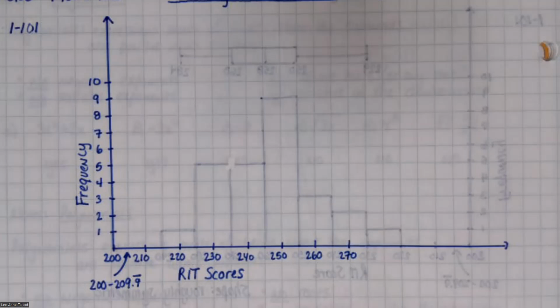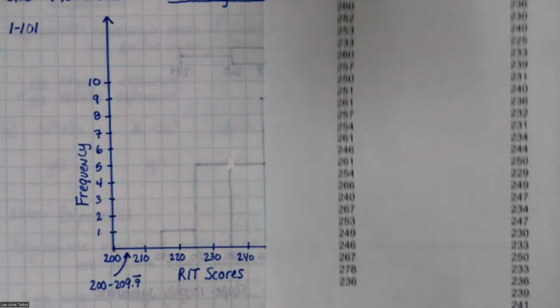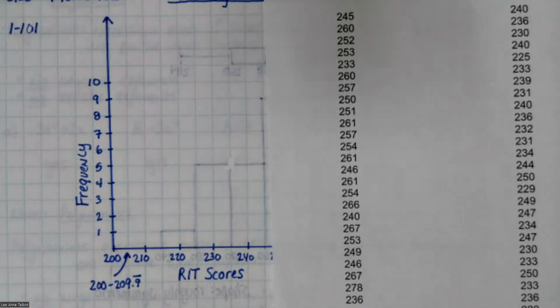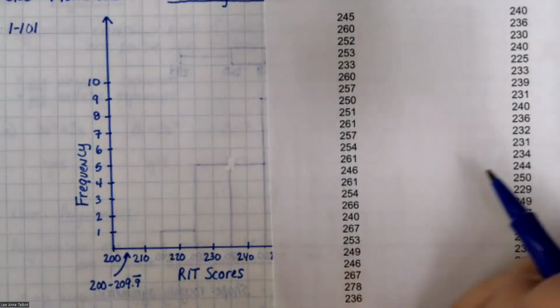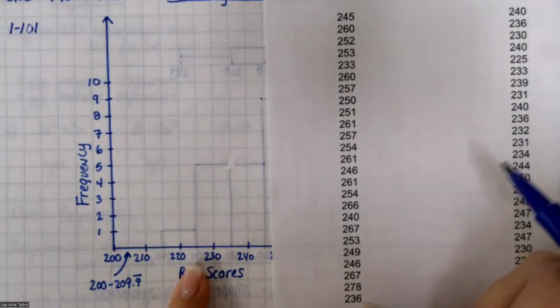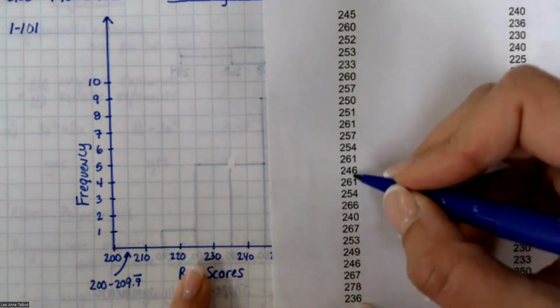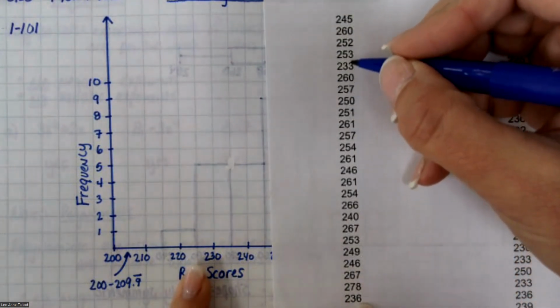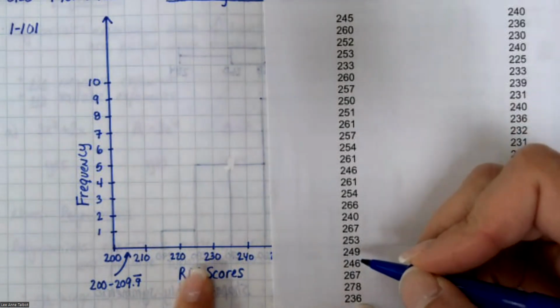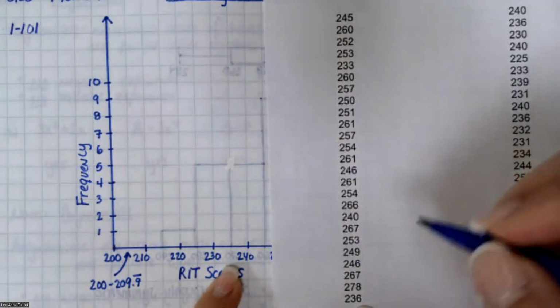Okay, now we need to count numbers. This is the worst part of the whole period right here. Do we have anything between 200 and 210 in our class? No. Do we have anything between 210 and 220? Do we have anything between 220 and 230? No. 230 to 239.9 repeating, yes.